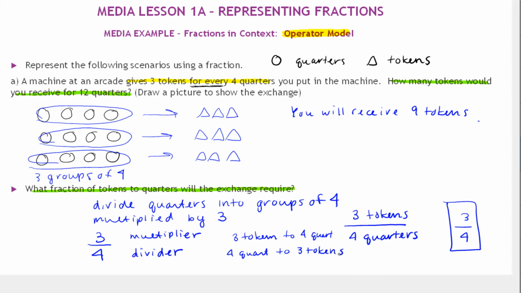Notice they're both representing the same relationship, but the order tells us which way we're exchanging. If we want to change to tokens, the tokens go on top. If we wanted to change from tokens to quarters, the quarters would go on top.